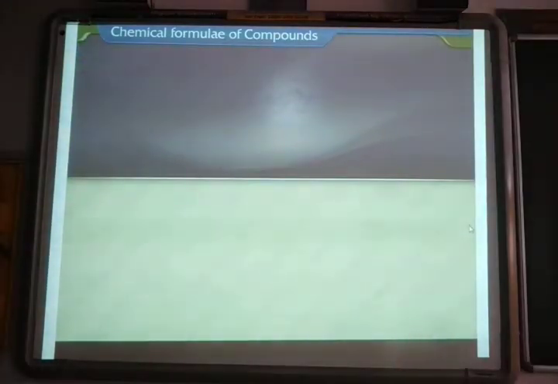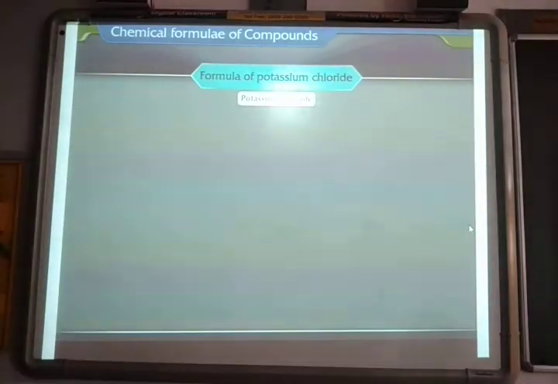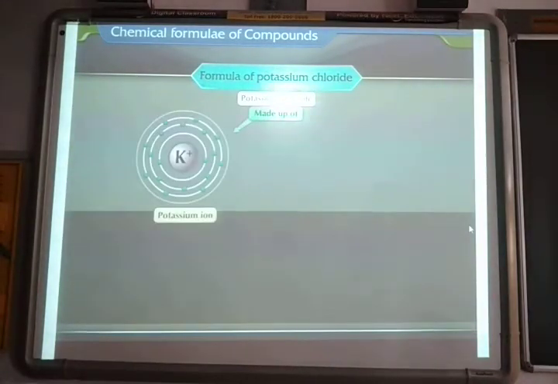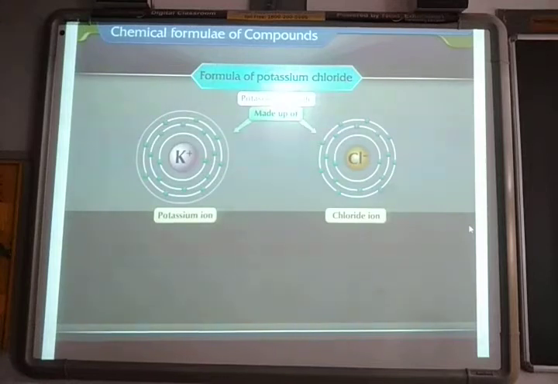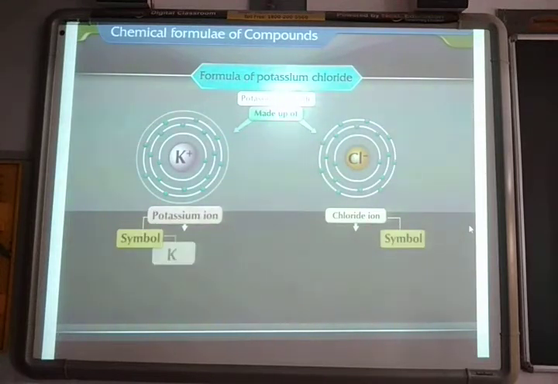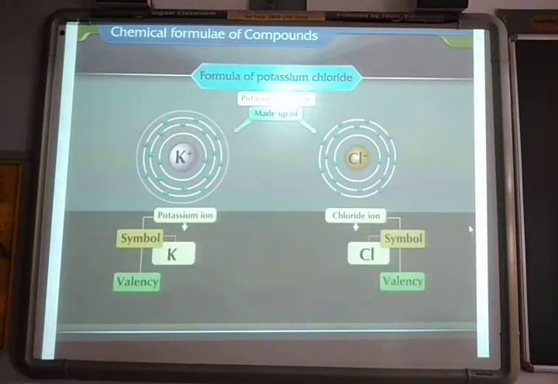Let us determine the formula of potassium chloride. Potassium chloride is a compound made of potassium ions and chloride ions. We shall follow the following steps while writing the formula. First, write the symbols of the potassium ion, K, and chloride ion, Cl. Then, write the valencies below the symbols.